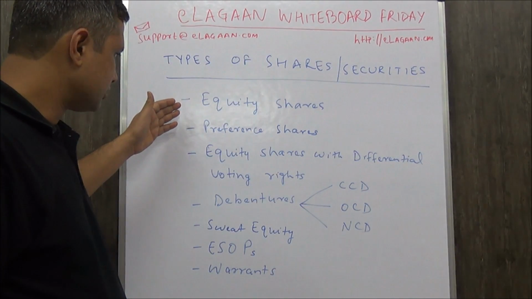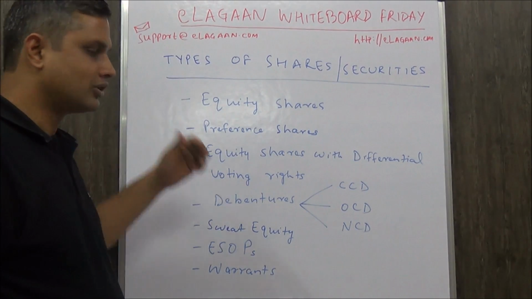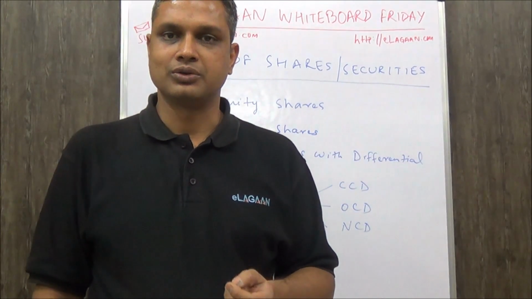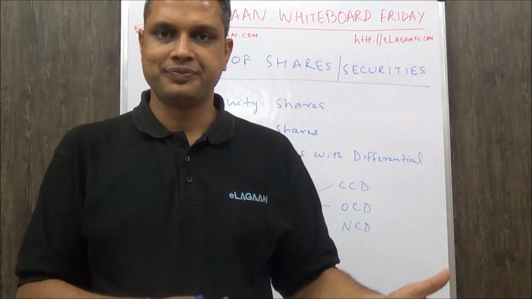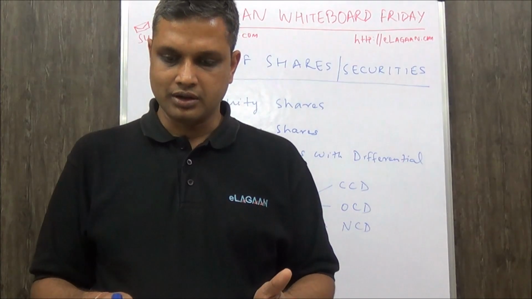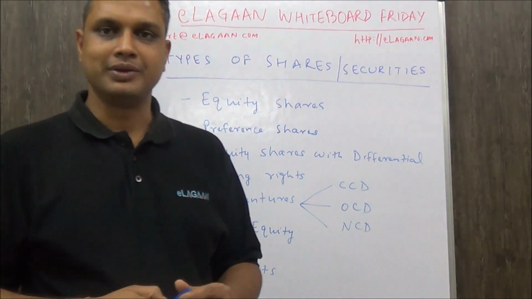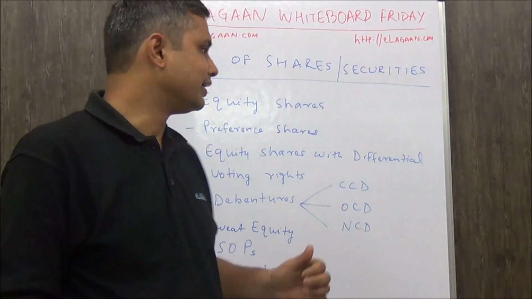Now shares can primarily be of multiple types. The most common one is called the equity shares. The word equity means equal. So any shareholders who have equity shares are all equal to each other. There is nothing like he is better or I am better. Equal rights is what derives the word equity.